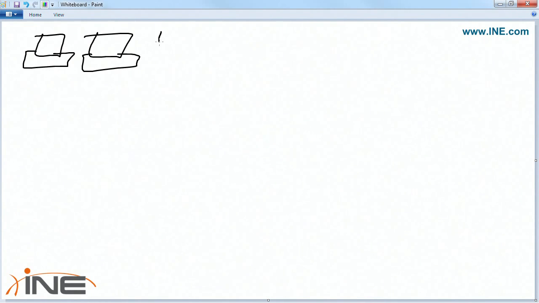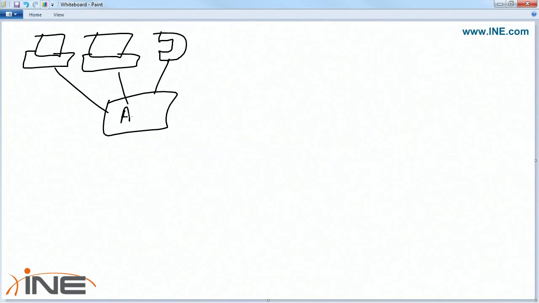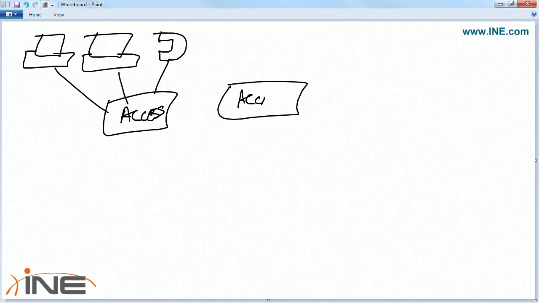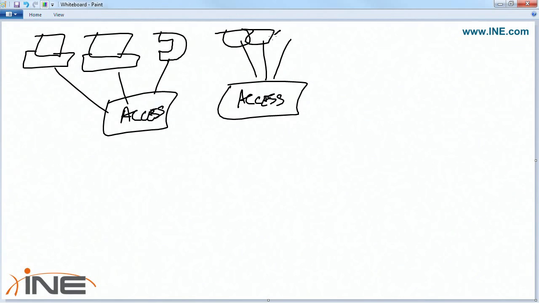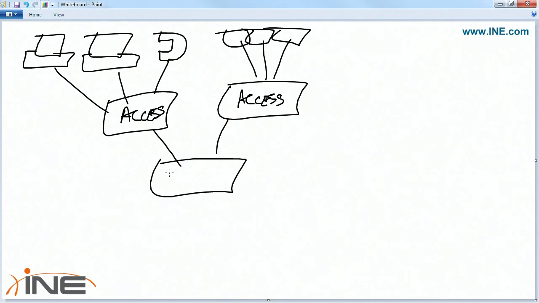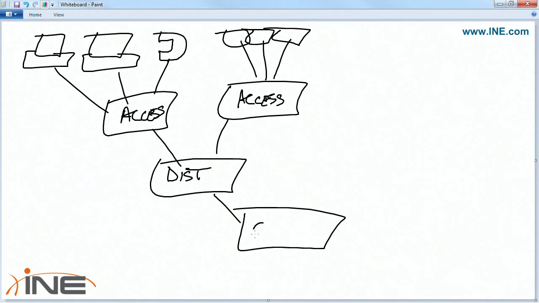Now, you'll also see a lot of times if you were to visualize this, you're going to have your endpoints like your hosts or your IP phones that are plugging into the access. Then you generally have multiple access switches that are going to be connecting to the endpoints. So these are individual hosts. Then somehow these are going to connect to the distribution layer, and then eventually get to the core.